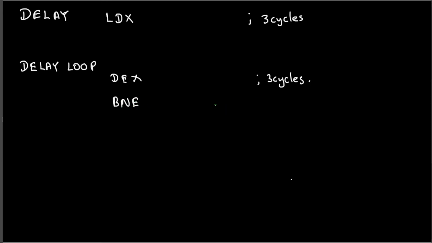So if not equal to 0, it keeps on looping. To loop back, we have to mention the name of the loop, that is delay loop in our case, and this one takes 3 cycles. Since we are using a subroutine, now we have to return from the subroutine, so we put an RTS, and that one takes 5 cycles.